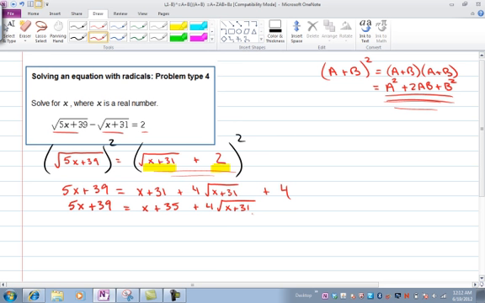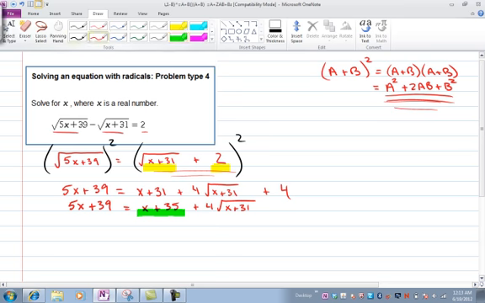Our next goal here is to isolate the radical term again. So that's going to involve focusing on these two terms, the x plus 35, subtracting them from both sides to get the radical term by itself.